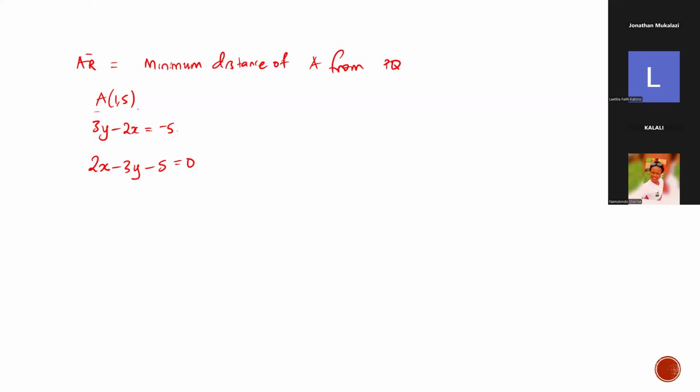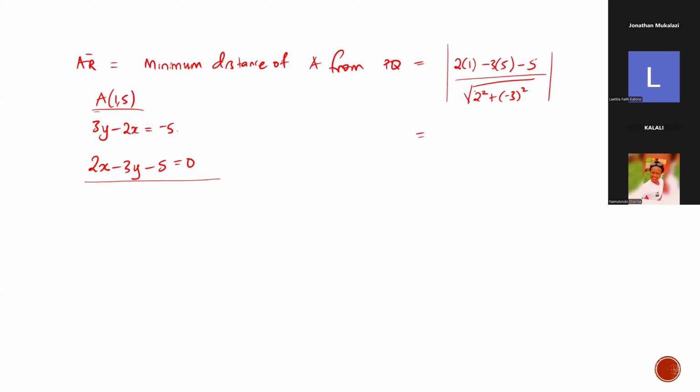So we have this as our point and this as the equation of the line. If we use the formula for minimum distance, this is going to be the absolute value of 2 times 1 minus 3 times 5 minus 5, out of the square root of 2 squared plus negative 3 squared.